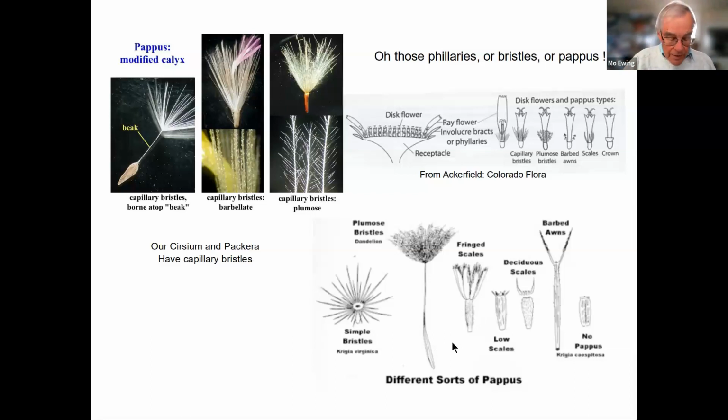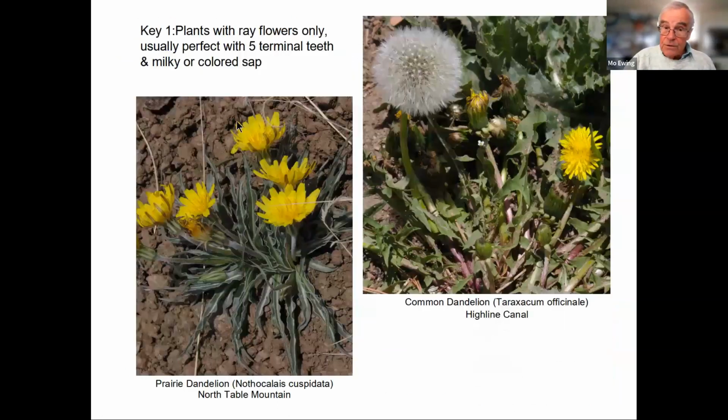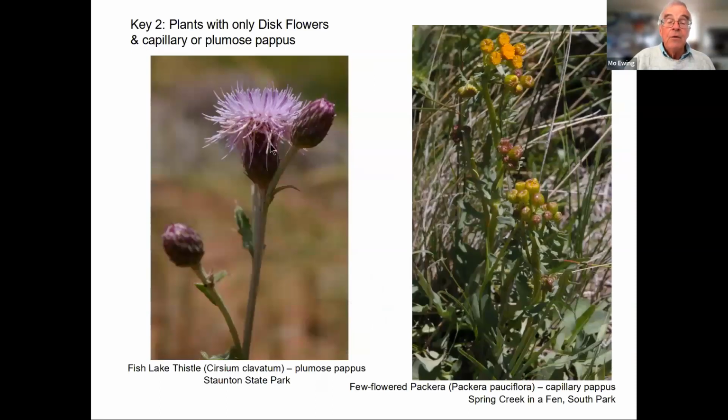So now we go into key 2, which is described as plants with only disc flowers, but only disc flowers with capillary or plumose pappus. Only disc flowers. Remember, this guy here has ray flowers. This guy here is just disc flowers.